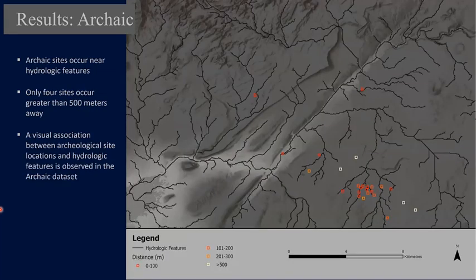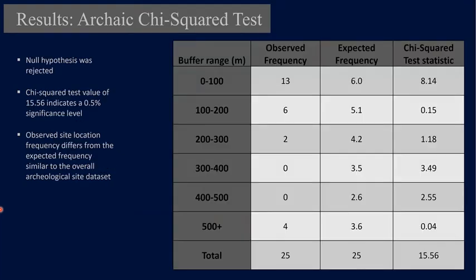The archaic sites showed a very similar outline to the archaeological sites within the study area. The red and orange again represents sites that are close to hydrologic features, with only 4 sites located greater than 500 meters away. The chi-squared test, again, does support that visual association between the hydrologic features and site locations.